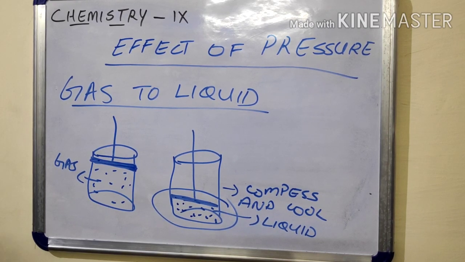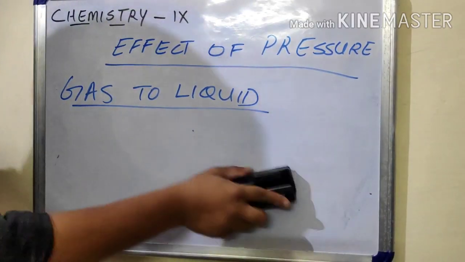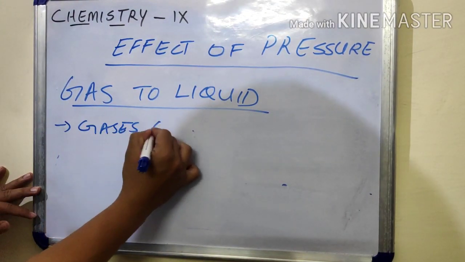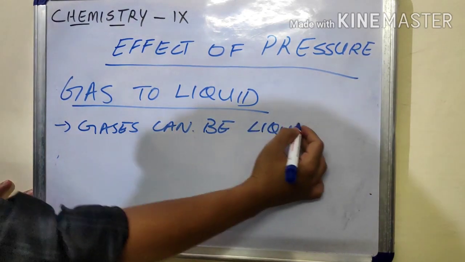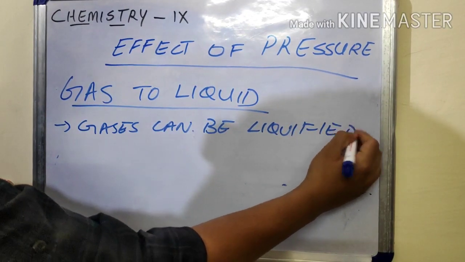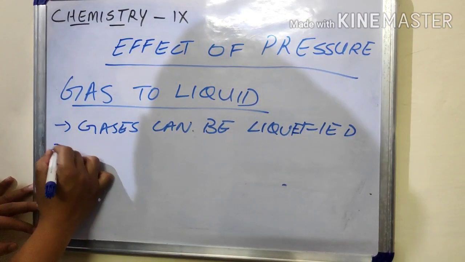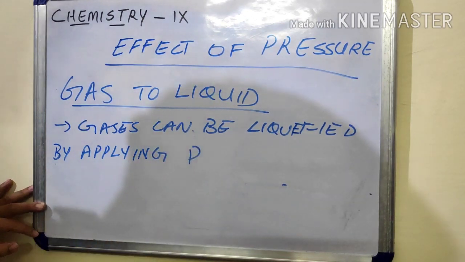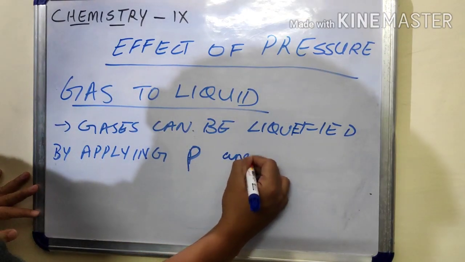So let's see some examples. First of all, write this. Gases can be liquefied by applying pressure, that is P stands for pressure, and lowering temperature.